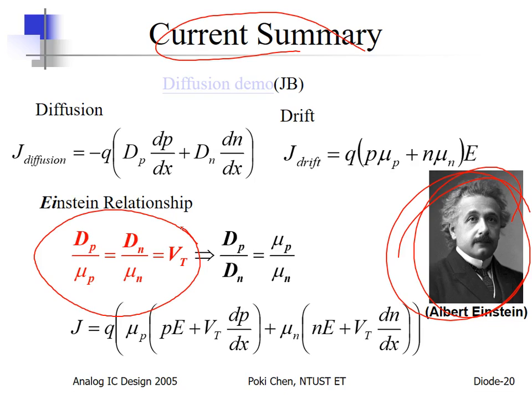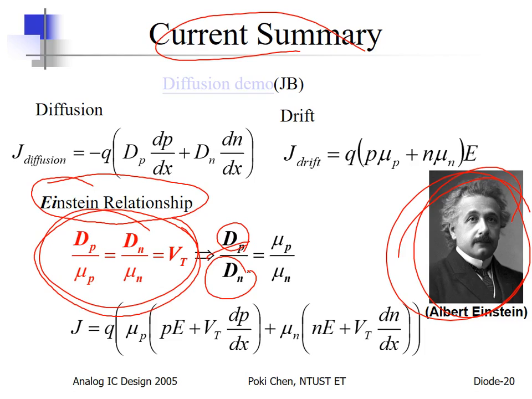This is a very famous relationship in the semiconductor field, the Einstein relationship: the diffusivity of holes over the diffusivity of electrons is exactly equal to mu p over mu n. How much better I am over you in diffusivity is exactly the same as how much better I am over you in mobility. So you need to worship Einstein. He's really, really smart.